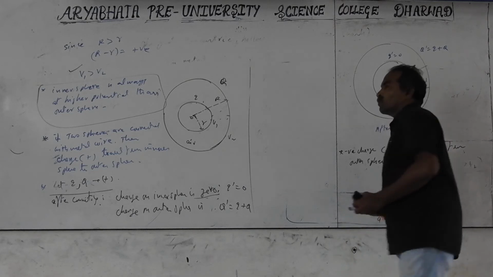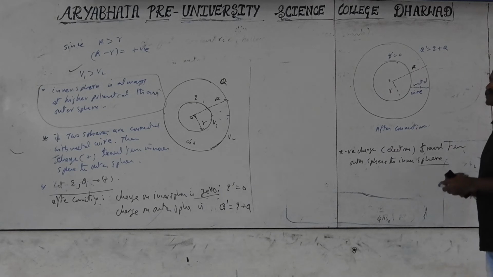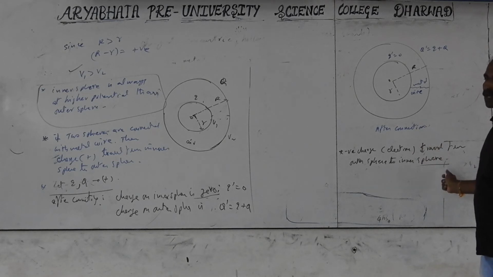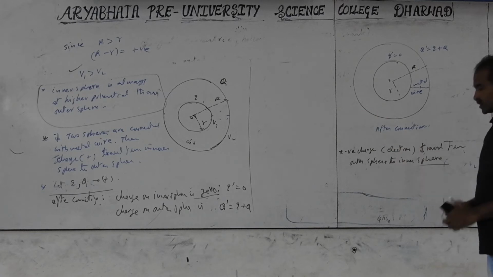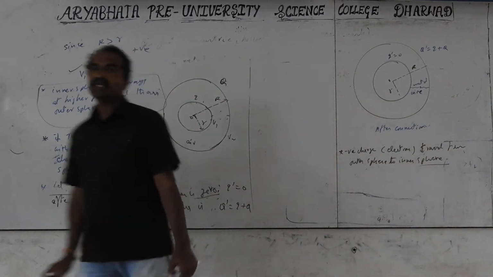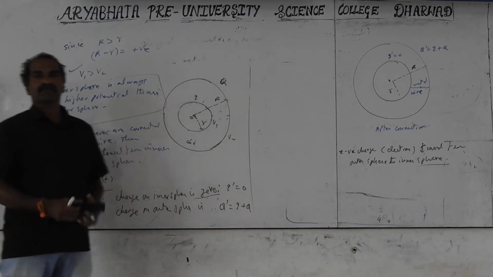Positive charges do not move; only negative charges move, unless ions are there. Otherwise, we always talk about electrons traveling in the opposite direction. But conventionally, we say positive charge is in motion. So positive charge traveling from inner to outer surface actually means electrons traveling from outer to inner surface in the reverse direction.